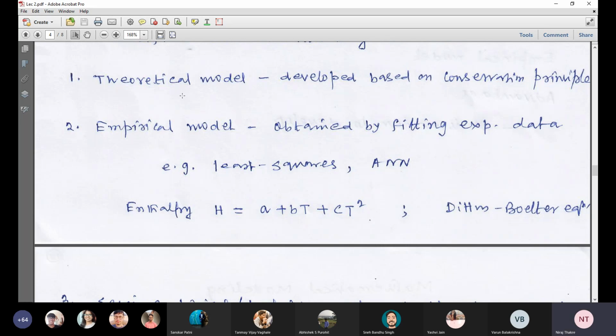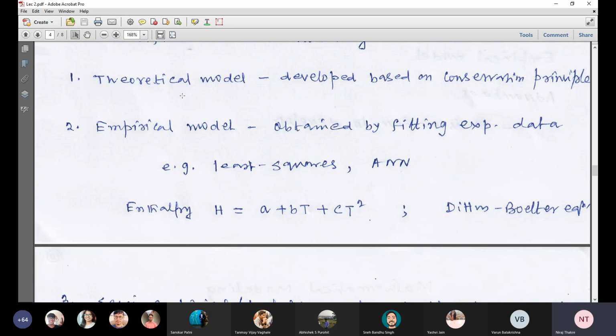And we also use the Arrhenius expression for the pre-exponential factor k. So it's basically a hybrid model or semi-empirical model, but people usually call it a theoretical model. Okay.